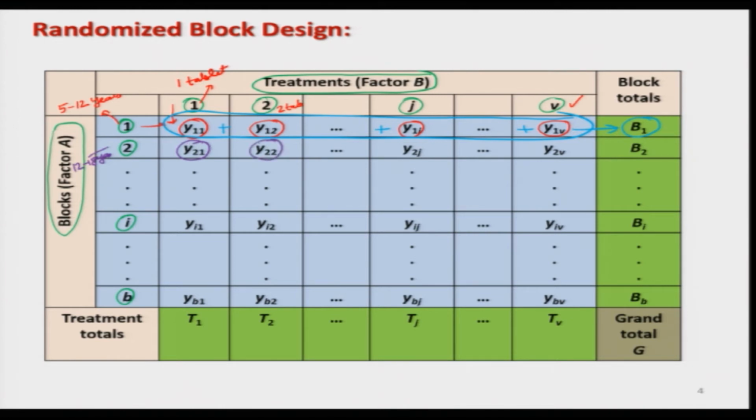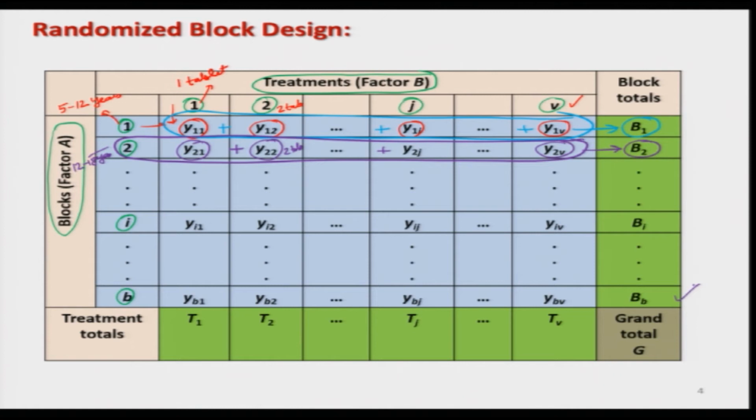Then we give the second treatment, say 2 tablets, and record the value as y22, and similarly we give the vth treatment and record the value as y2v. So, this is the second block in which all the units have been given all the treatments. When we sum all these values, we get the second block total, indicated by B2. Similarly, I can do this exercise for all the blocks.